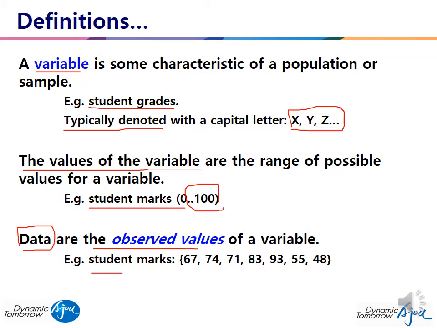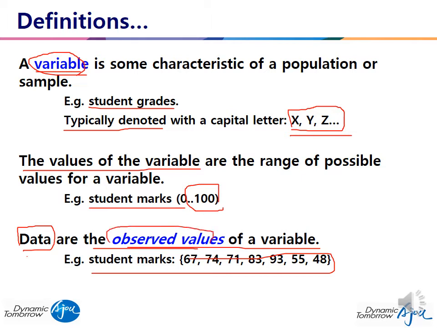Data are the observed values of a variable. So these are student marks. So a variable is denoted by this, and data is the observed value of a variable. You should know the definition of a variable and observed value.